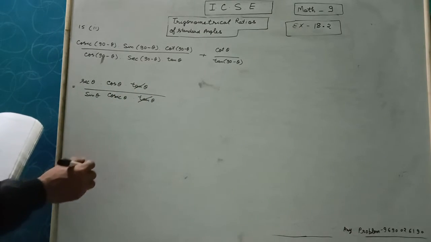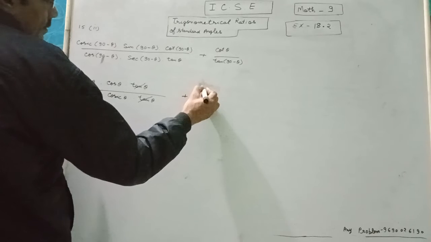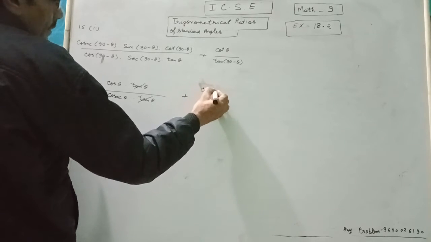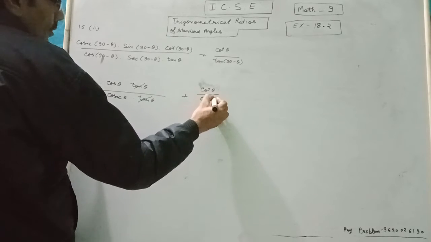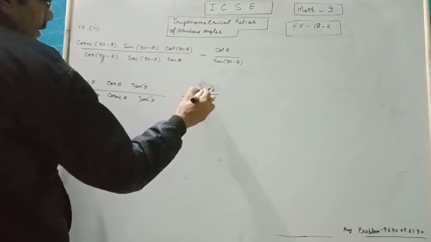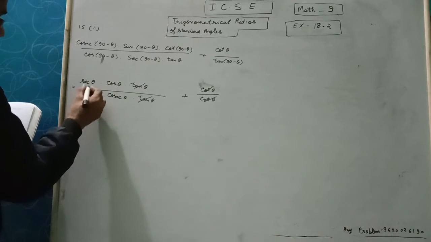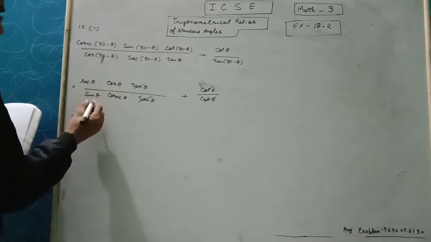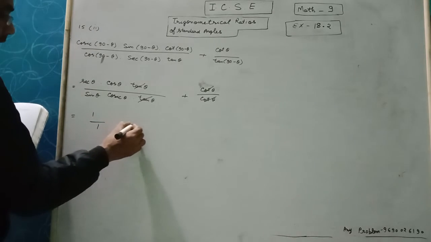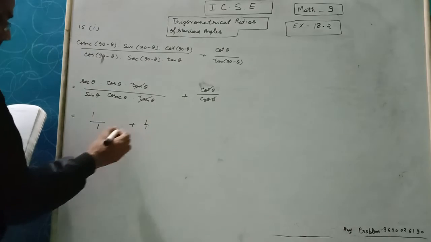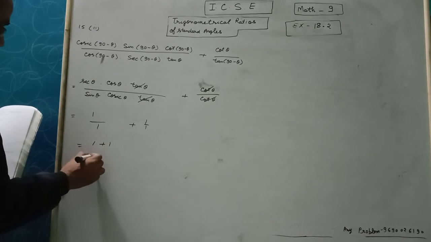Tan by tan plus cot θ is the same, tan(90 minus θ) changes into cot θ. Dividing the same, sec and cos are reciprocal, so it is 1 upon 1 plus 1 upon 1, which is equal to 1 plus 1, equal to 2.